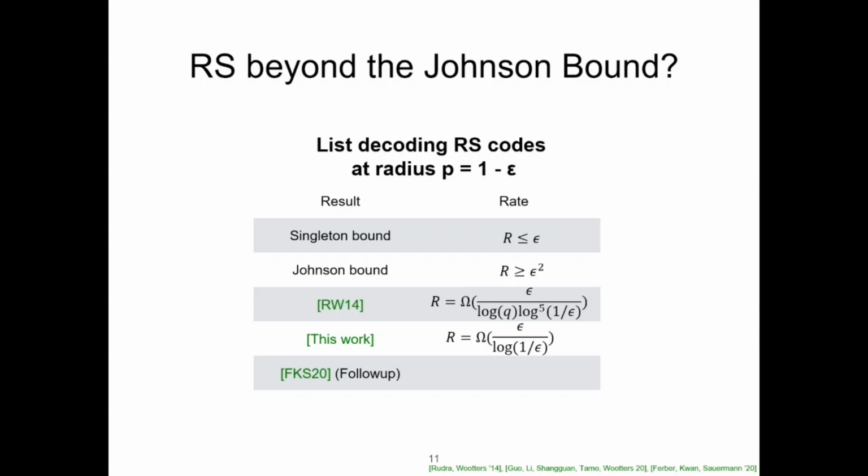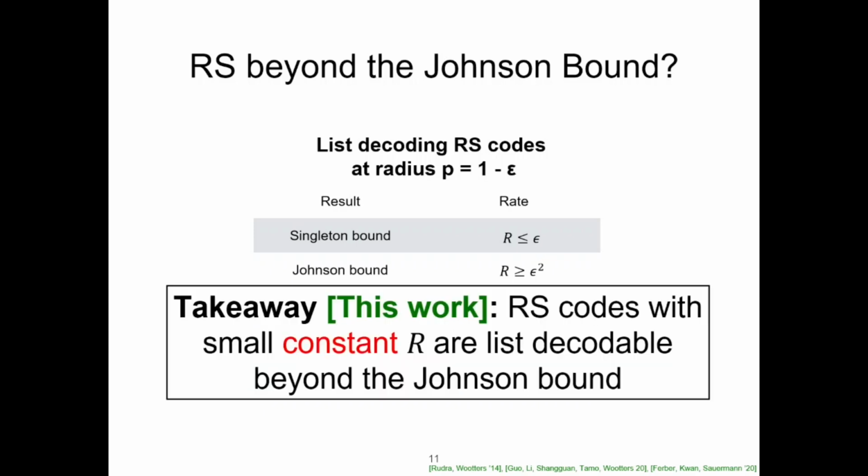Finally, there's this beautiful follow-up paper by Ferber, Kwan, and Sauermann that improves our result and shows that one can even achieve a rate that is Omega of epsilon, so it matches the upper bound up to a constant factor. So the takeaway of our main result is that there exist Reed-Solomon codes with small constant rates R that are list decodable beyond the Johnson bound.